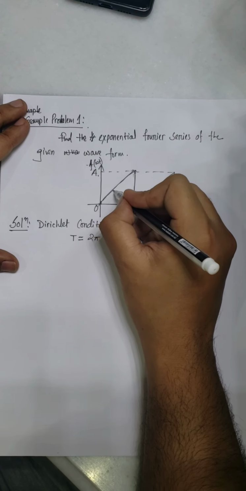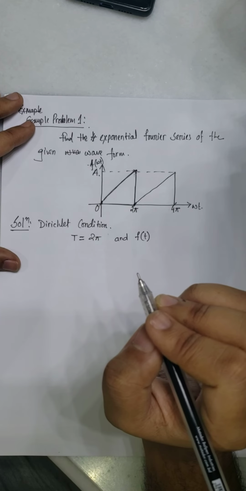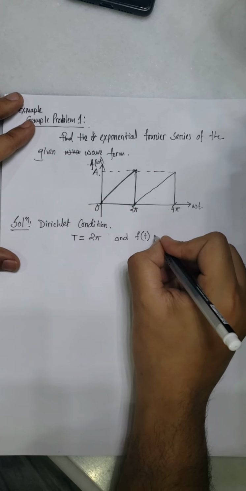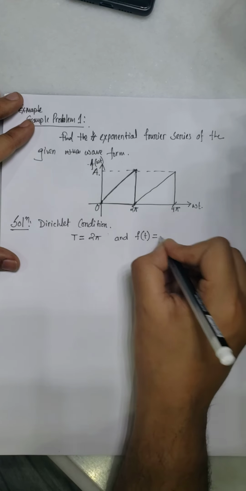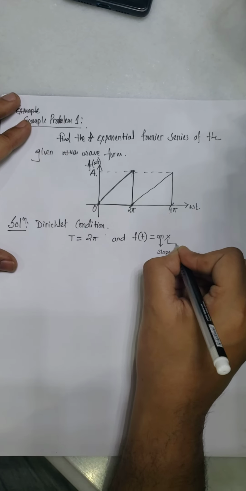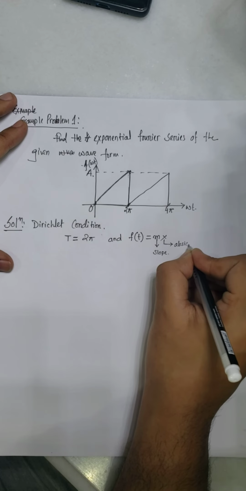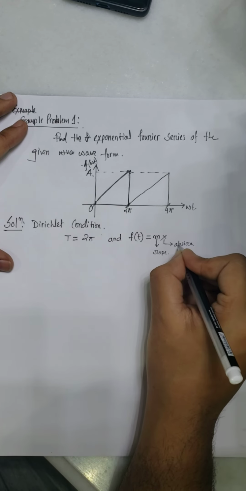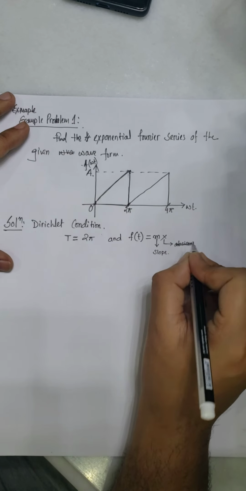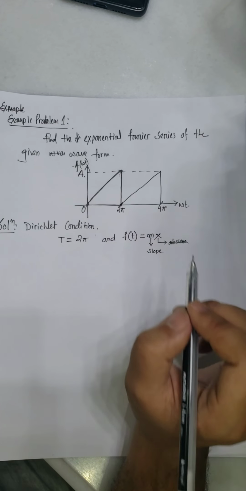Now this part is a straight line passing through the origin, and the formula of a straight line passing through the origin is mx, where m is nothing but our slope and x is the abscissa. This can be said to be the values of the x-axis.